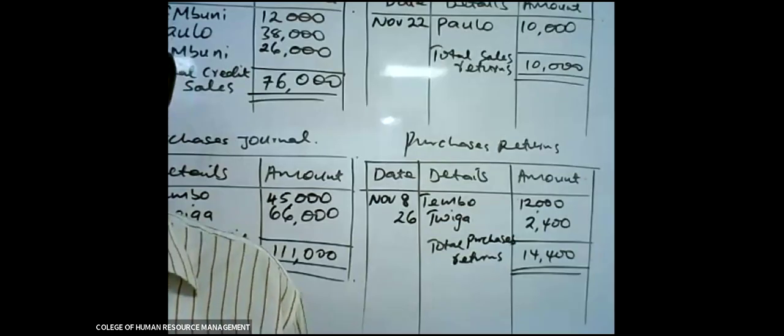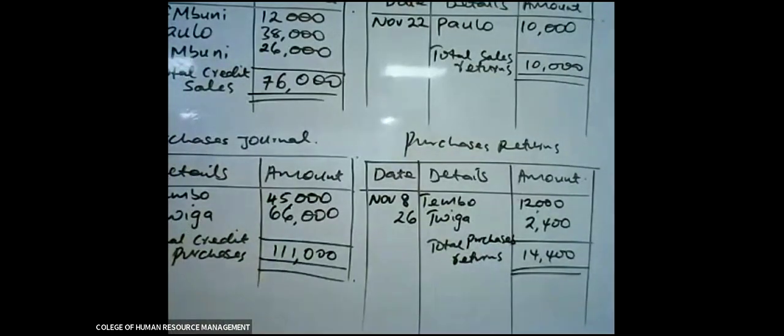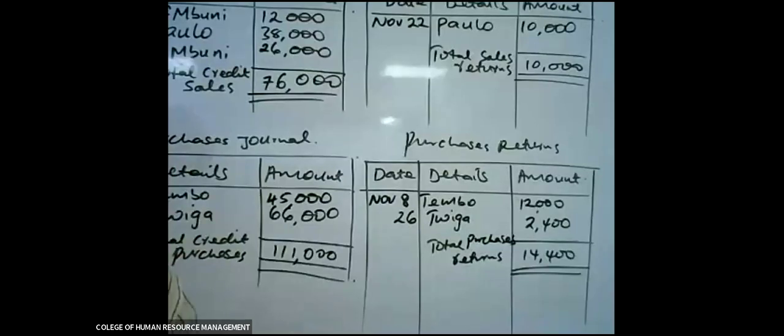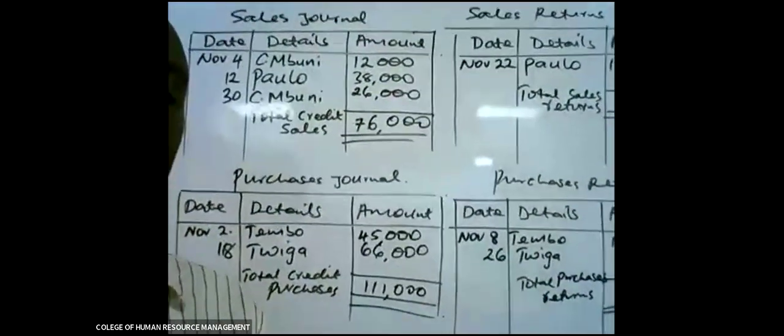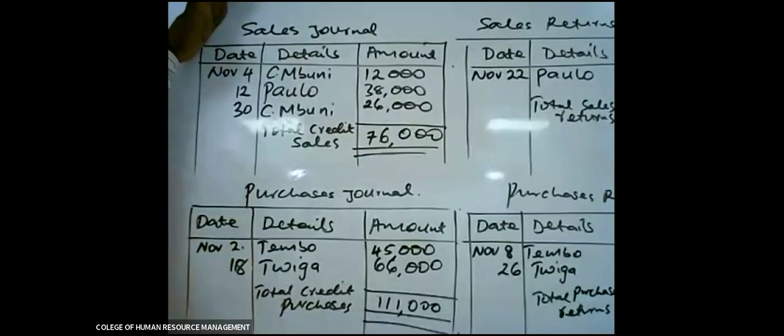At the end, you said for the first two columns, you don't record cash payments and what? Sorry, come again? I'm saying for the sales journal and the purchases journal, you said we don't record cash payments and what else? Yes. We said that they only record credit sale of goods.